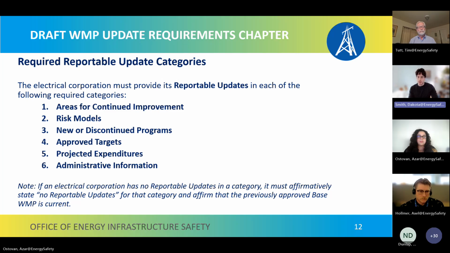Note that if an electrical corporation has no reportable updates in any of these categories, it still must submit a WMP update that states no reportable updates for each of those categories, and confirm that the previously approved base WMP is still current.